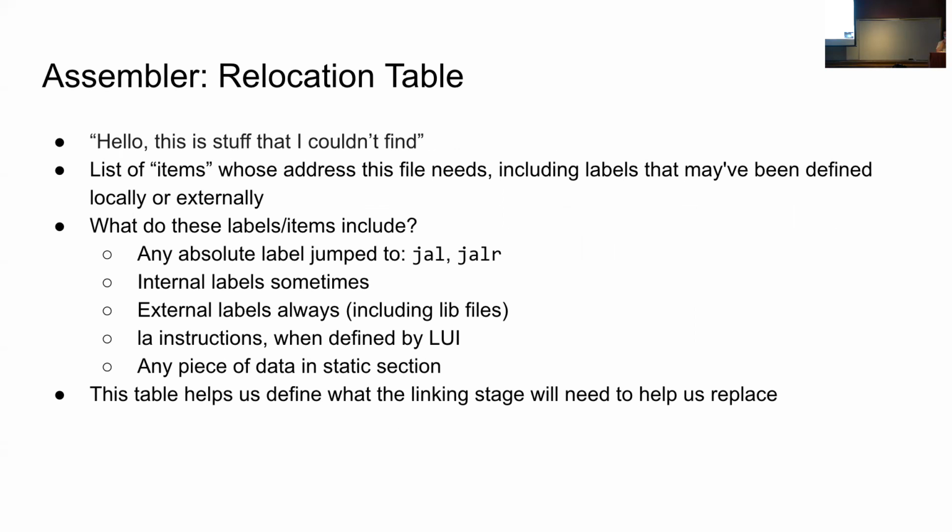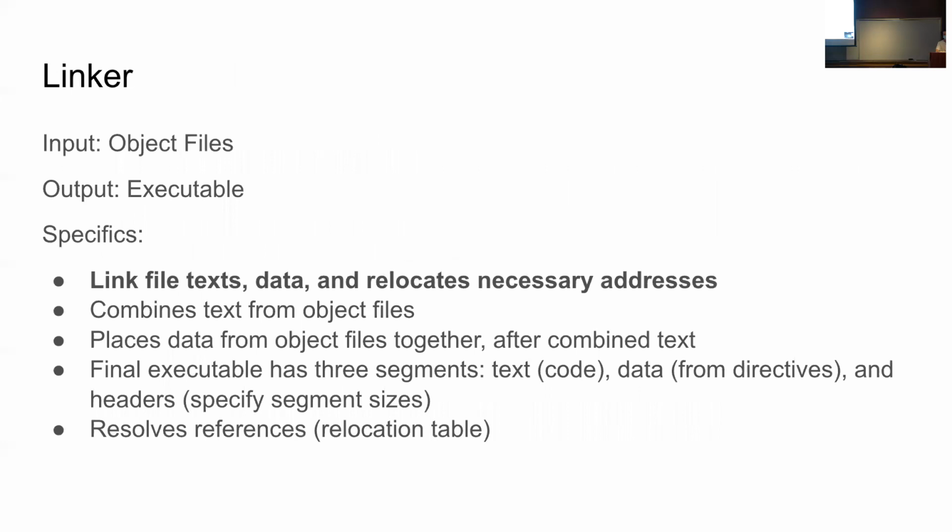Any absolute jump using JAL or JALR, sometimes internal labels, external labels, including library imports, load address instructions, and then any data in the static section. And then this table isn't fully dealt with in the assembly stage. It is used or completed in the linking stage.